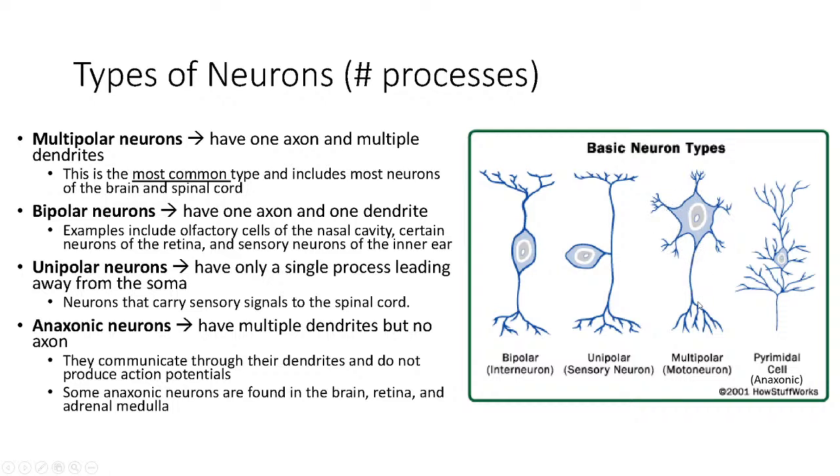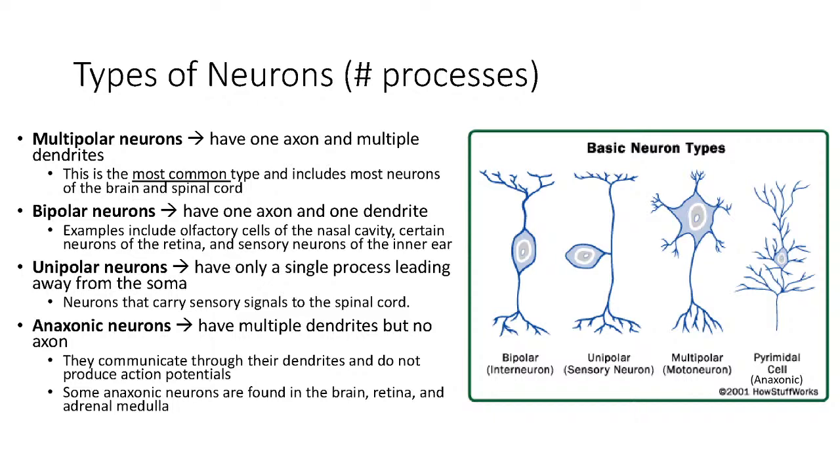It's just one of those weird things. People always choose to draw multipolar neurons, even in situations where you probably wouldn't be looking at a multipolar neuron. Textbooks do it too, all the time. Textbook images will draw a multipolar neuron where really you'd probably be looking at a bipolar or a unipolar neuron.